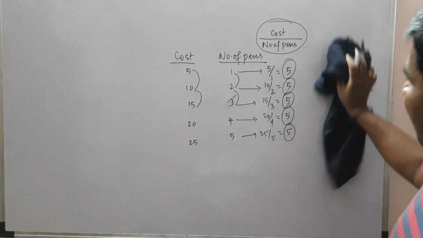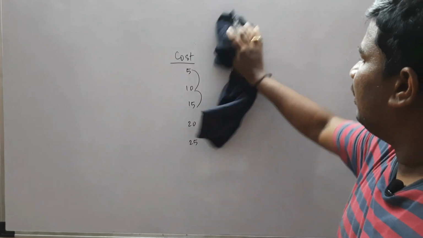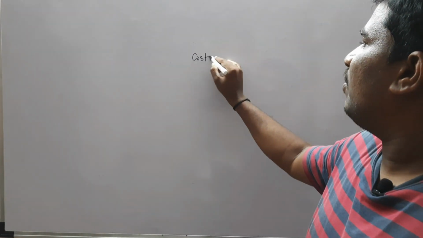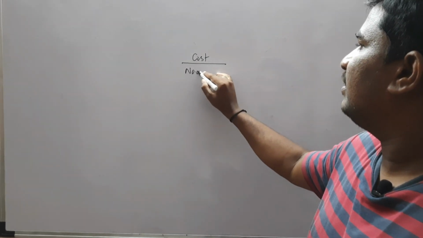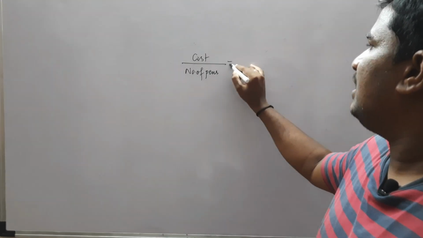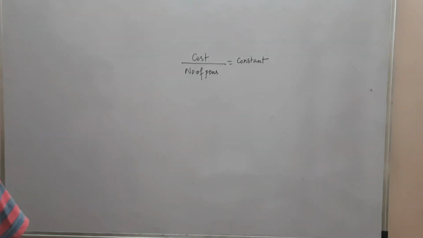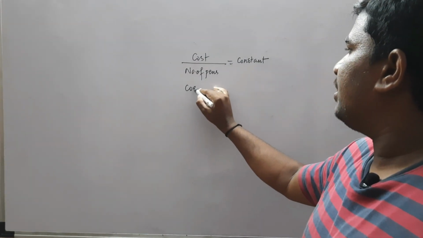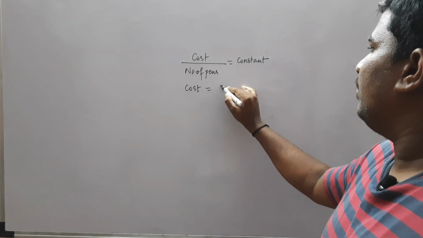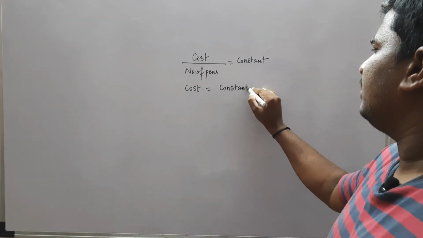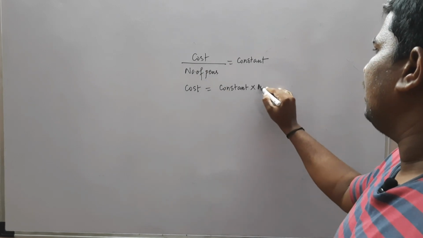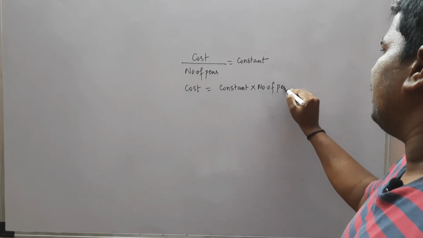Okay. So from this example, I can declare that cost by number of pens is a constant. So from this, cost equals constant into number of pens.